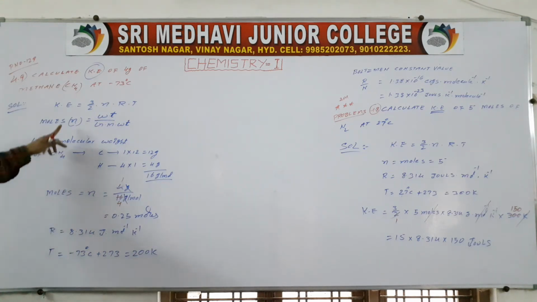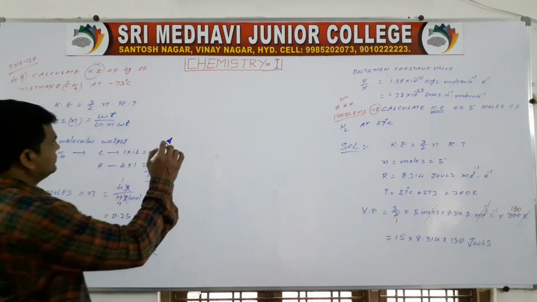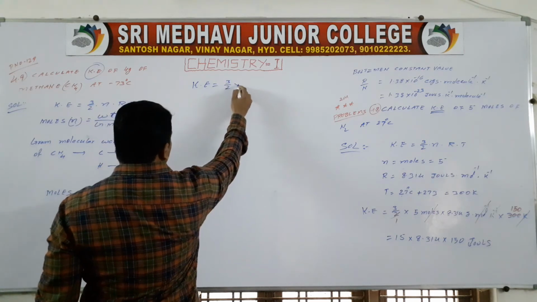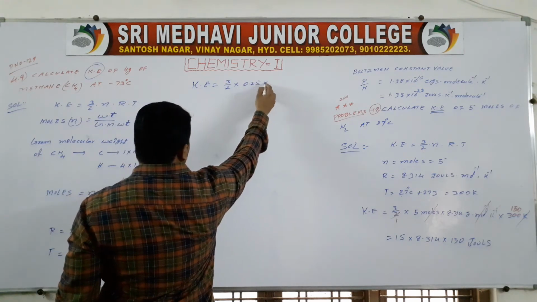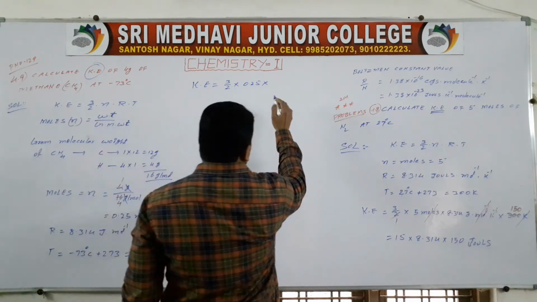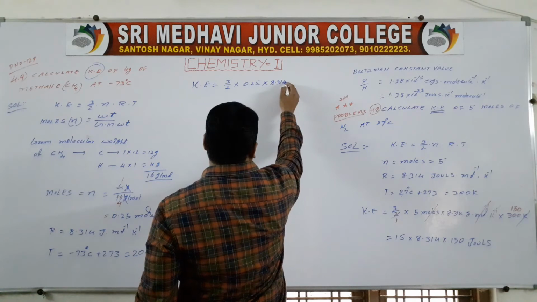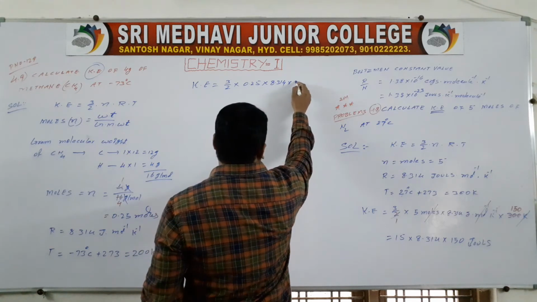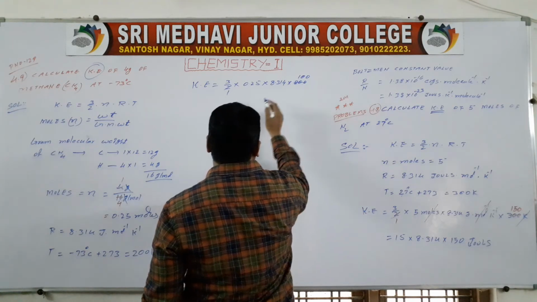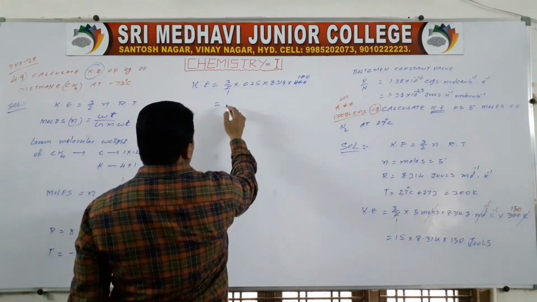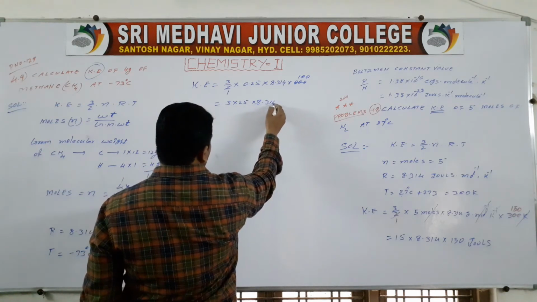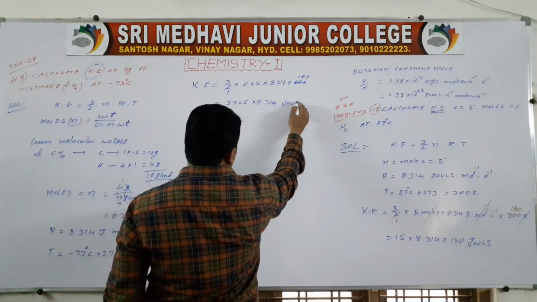Then substitute these values in the equation. KE equals 3 by 2 into n, 0.25, into R, 8.314, into 200. 2 ones are 200, then 100 into 0.25, 3 into 25 into 8.314 joules.